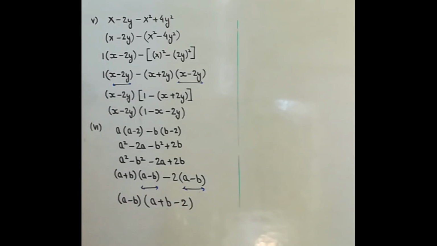So this will be your answer, a minus b and then a plus b minus 2. So in some of the questions you have to first open the bracket, and after opening the bracket then you will rearrange them to get a new group. Okay, now the next question.